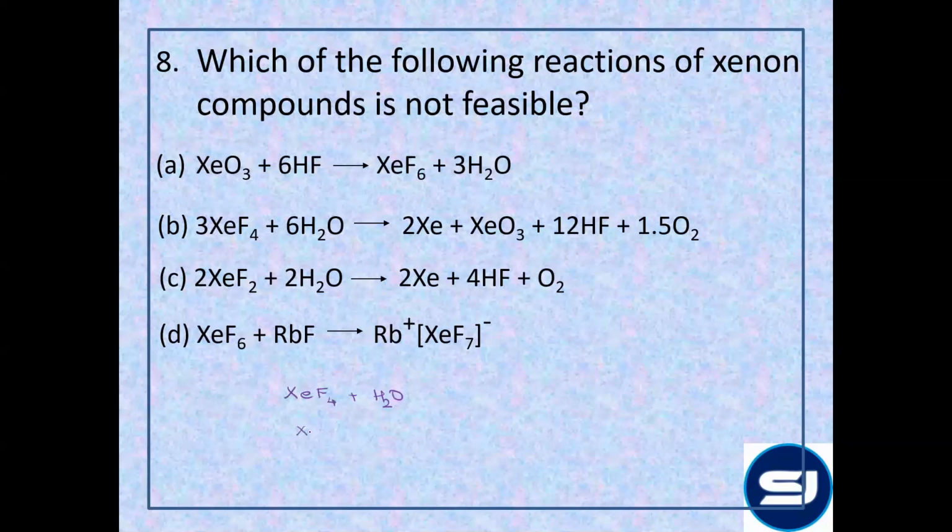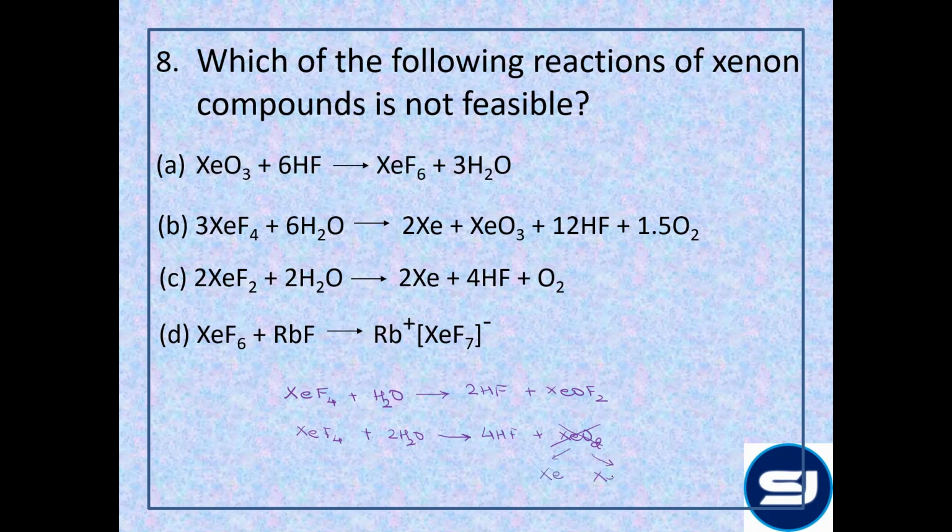One is partial and other is complete. अगर आप इसमें पार्शियल हाइड्रोलिसिस करते हो तो जितने हाइड्रोजन उतने फ्लोरीन के साथ HF बना दो, 2HF, and then जो भी बचा उसका मेन प्रोडक्ट पता चल जाएगा XeOF2. वैसे ही अगर यहाँ पर आप कंसिडर करोगे you get 4HF and XeO2, but problem यहाँ पर था कि जेनॉन में डाई ऑक्साइड जैसा कोई भी ऑक्साइड नहीं बनता है, तो ये यहाँ पर होगा डिस्प्रपोर्शनेट, और डिस्प्रपोर्शनेट होगा तो जेनॉन मिलेगा, जेनॉन का ट्राई ऑक्साइड मिलेगा, and there will also be the oxygen gas.